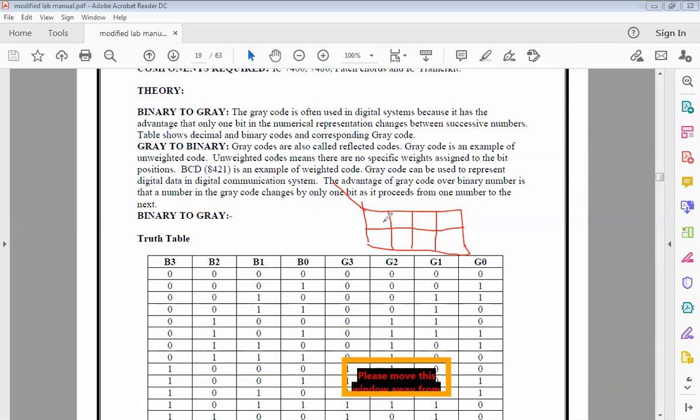Yes. So the arrangement is going to be 0, 1, 2, 3, 4, 5, 6, 7.